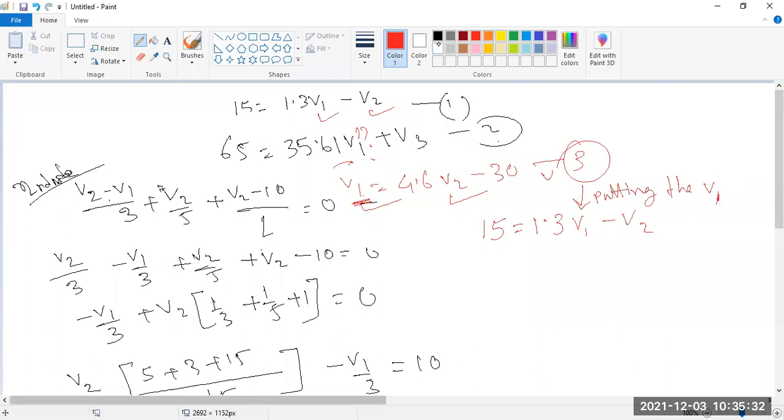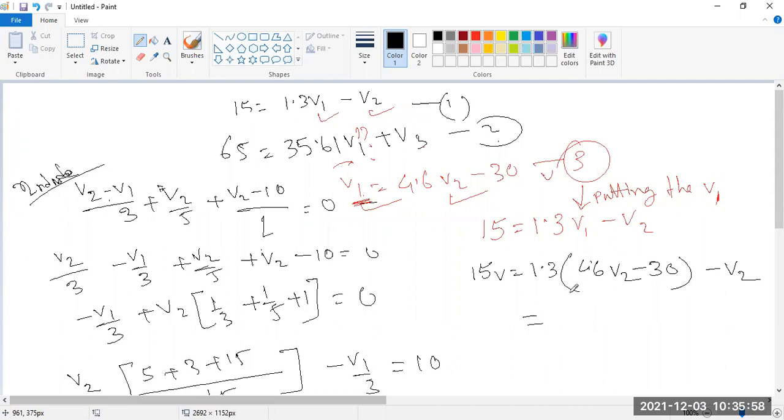So what will we get? Just look, this is 15 volt equal to 1.3 into (4.6 V2 minus 30) minus V2. I just put the value of V1.